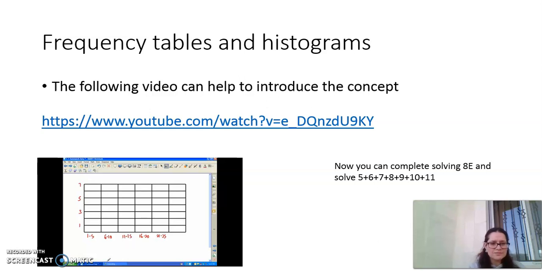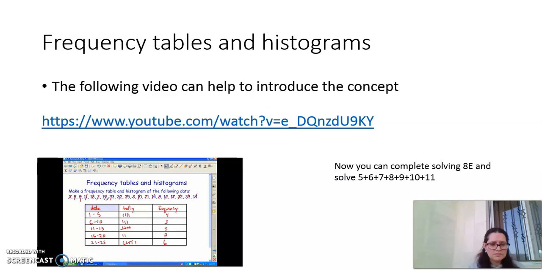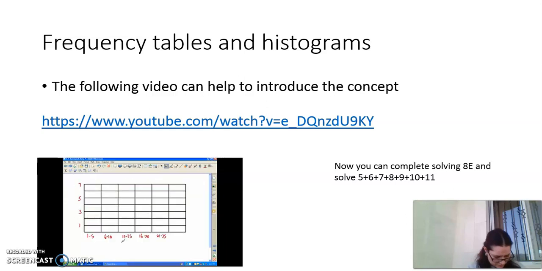And so maybe the data I'm looking at here is the number of hours students spend on homework in a month. And so down here, I would label this as hours. This side would be labeled as the number of students.